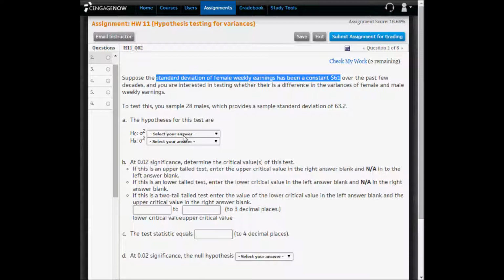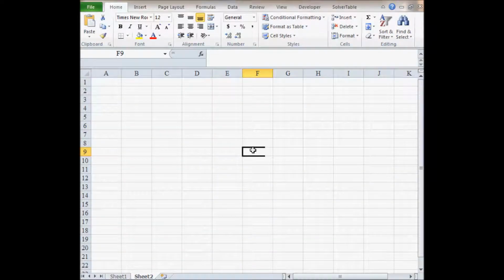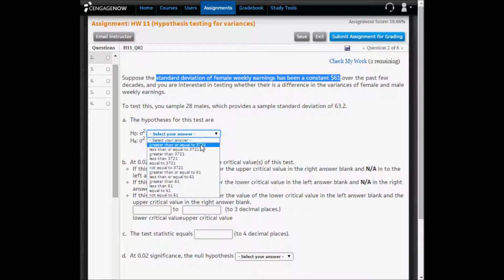So when we choose the option for the null and the alternative hypothesis, we have to square the $61. So anywhere down here where you see 61, you do not choose those. And 61 squared is 3721. So we're going to be choosing one of these that ends in 3721.